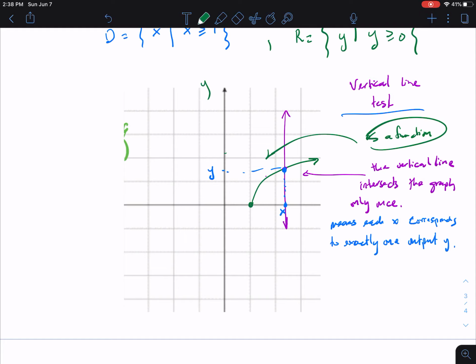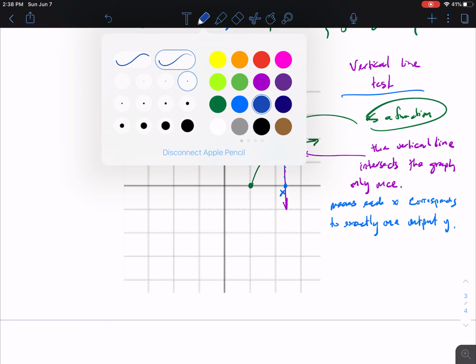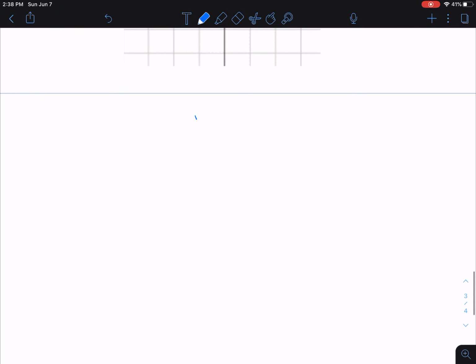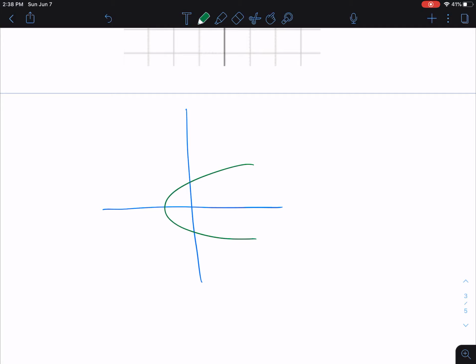Okay. Now let me give you an example where a graph is not a function. Okay. So let's say we have a graph like this. Maybe perhaps sideways like this. Sure, like that.